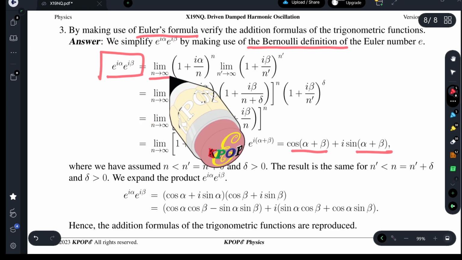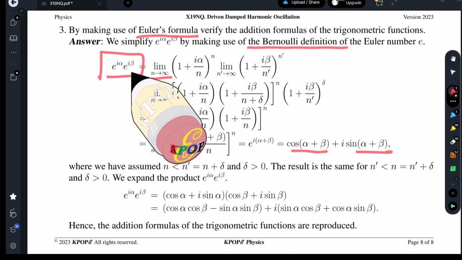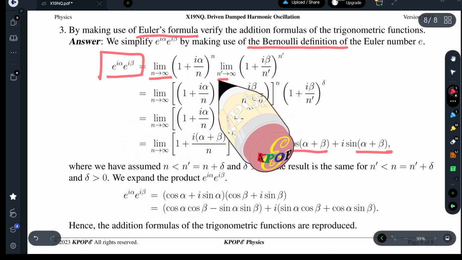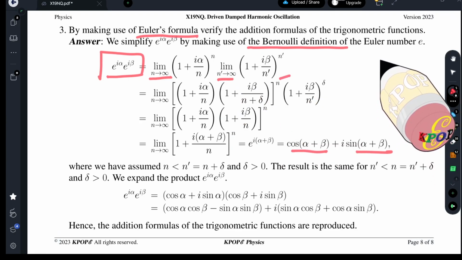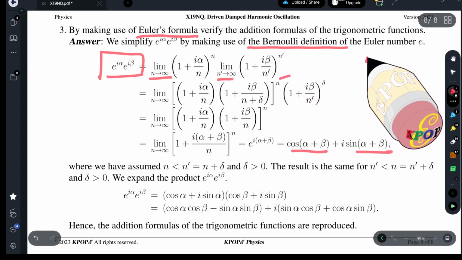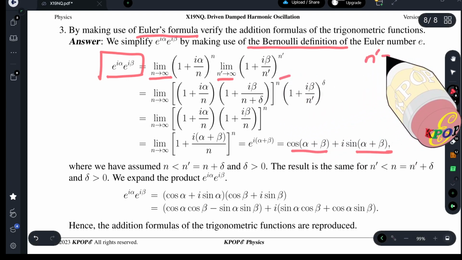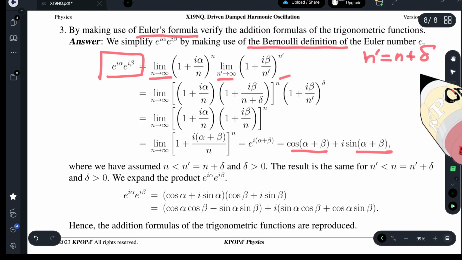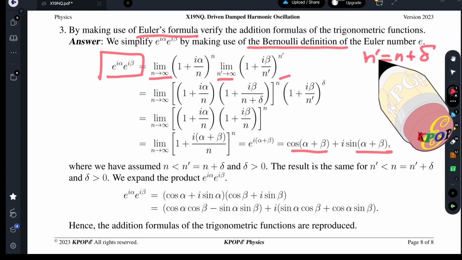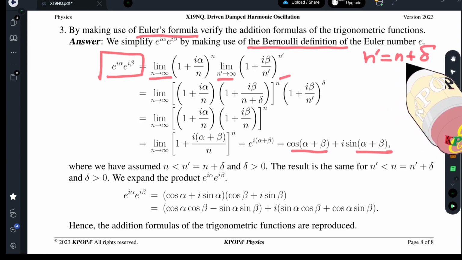We take the limit as n goes to infinity, and this can also be expressed in this manner. For simplicity, we choose n prime equals n plus delta. We assume delta is positive, but it doesn't matter.